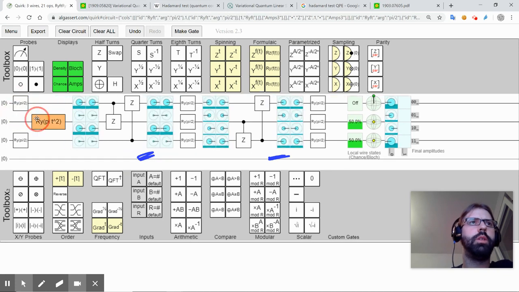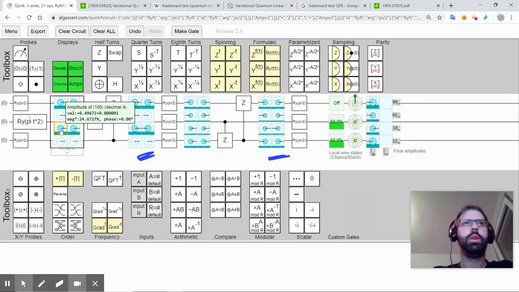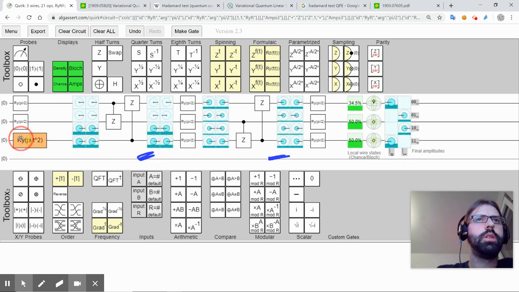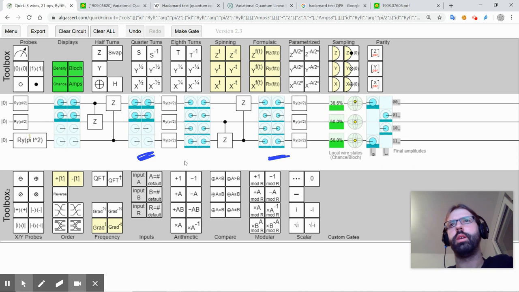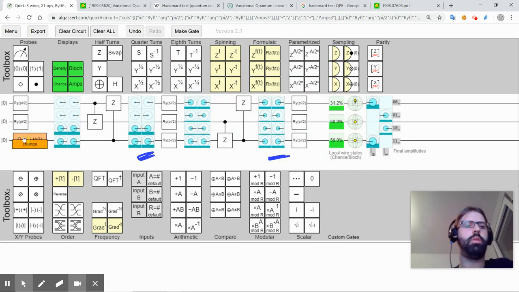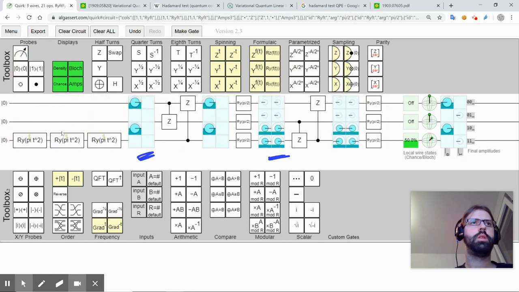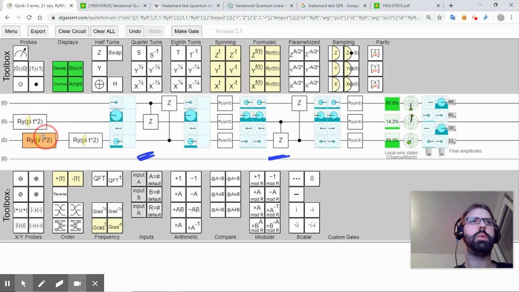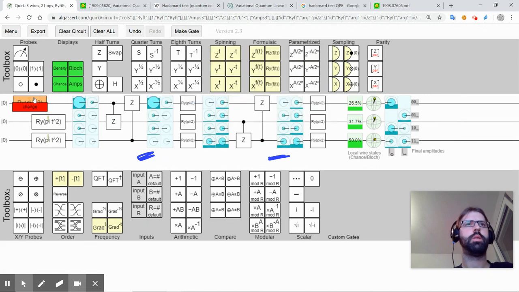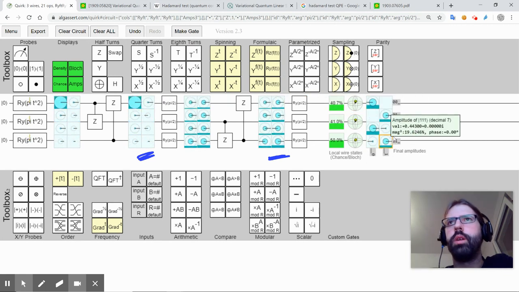If I do it here, it's kind of the same. So this layer, okay, and now it's like that. If I make them all dynamic, that's the way this looks like.